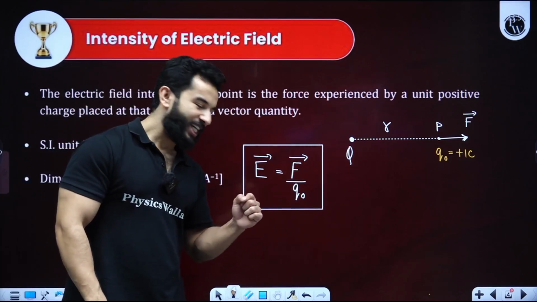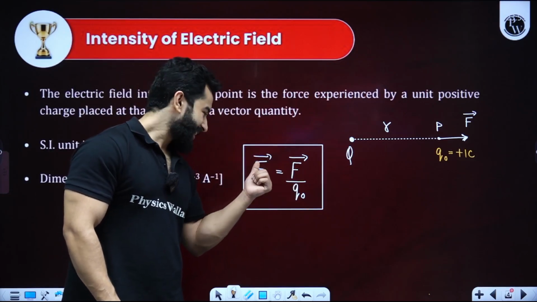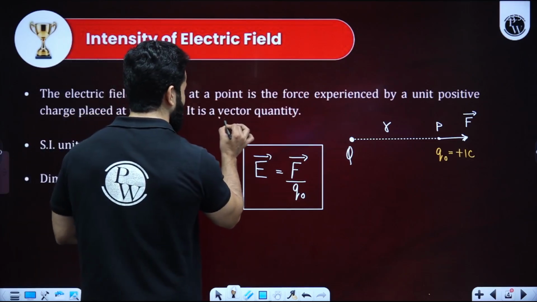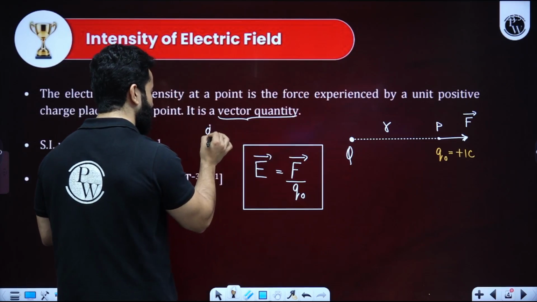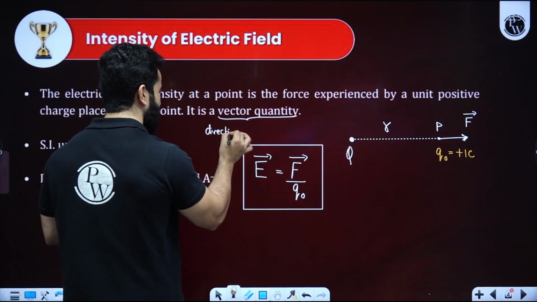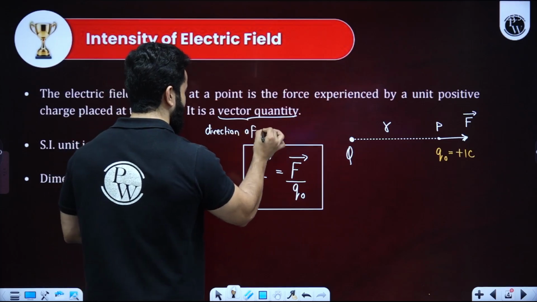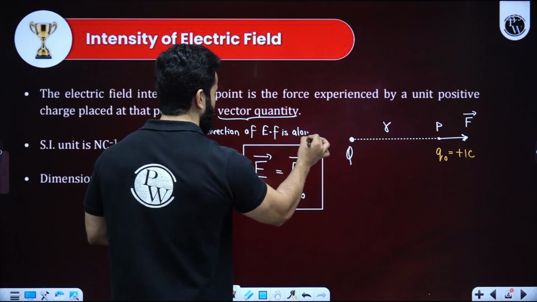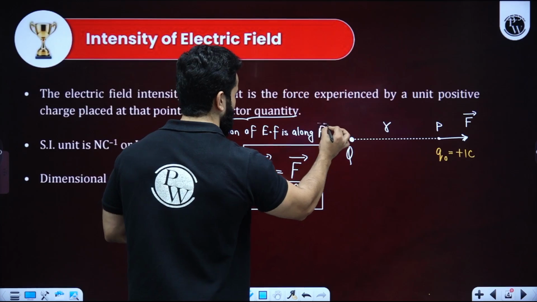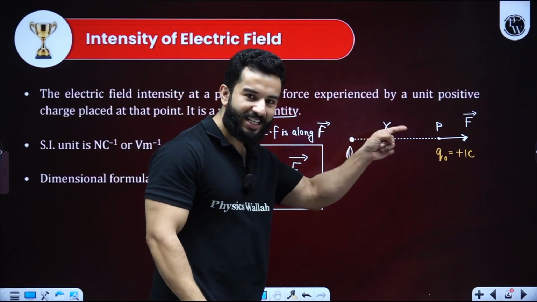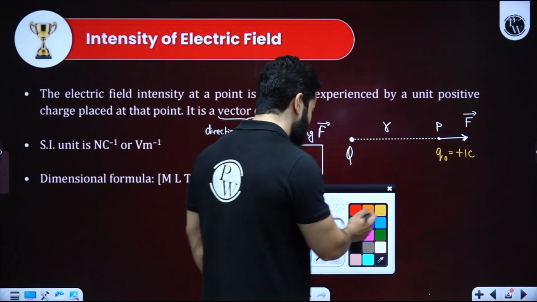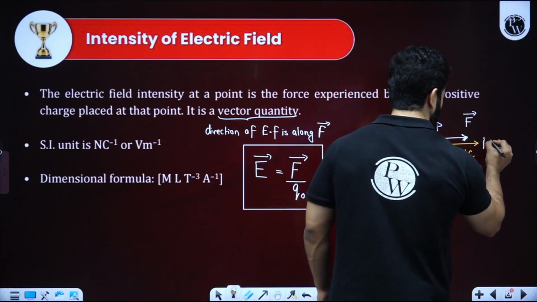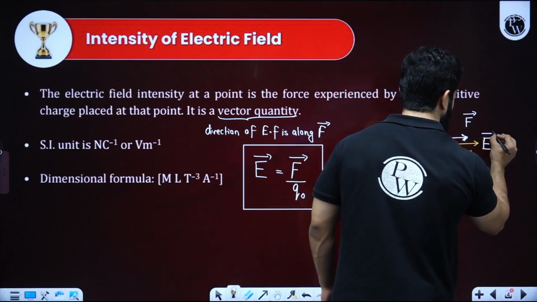Charge is a scalar quantity, force is a vector quantity, therefore electric field is going to be a vector quantity, and this means that the direction of electric field is along force. So right now if force is in this direction, that means at this point electric field is also in this direction. Hopefully this concept is clear to all of you, right?